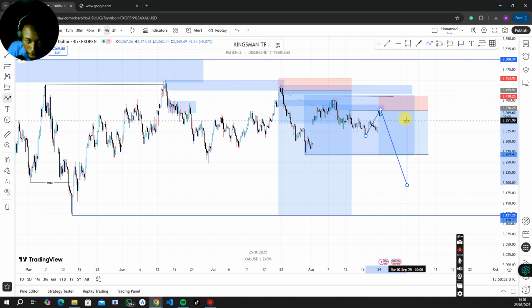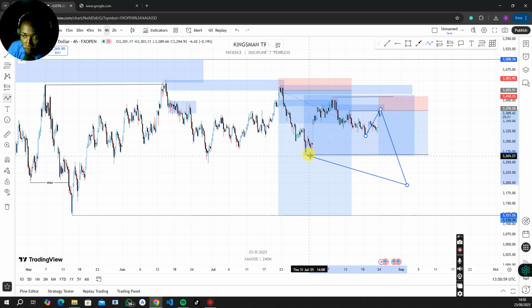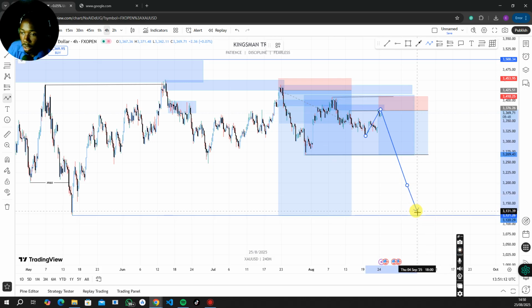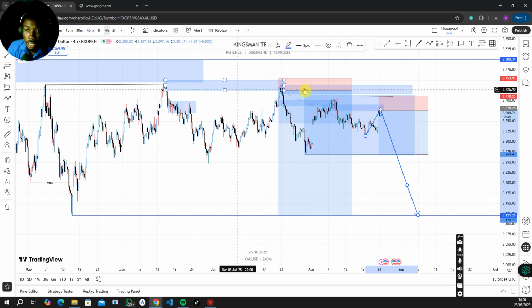So that's why I'm setting my target at a realistic level, because normally in this setup, your take profit zone is going to be at the sell side liquidity or the previous swing low or the closest swing low, which is this. So me targeting this is very unrealistic. I hope you understand.